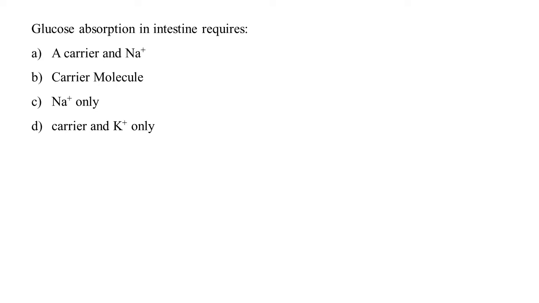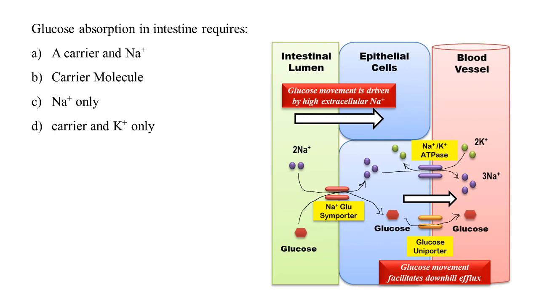As you know, there are 3 monosaccharides which are used and absorbed in the intestines. They are galactose, glucose and fructose. And obviously glucose is much more important, and it exploits a sodium glucose symporter for absorption.